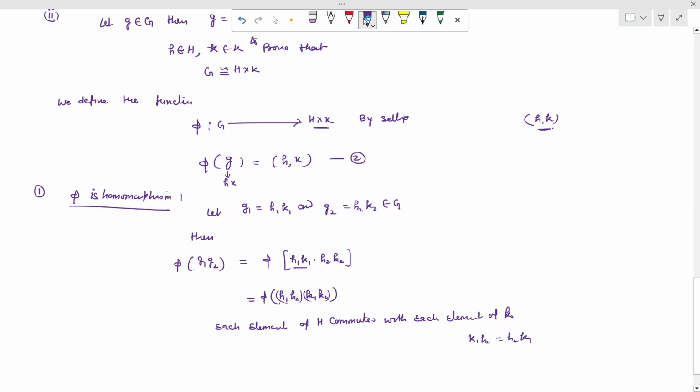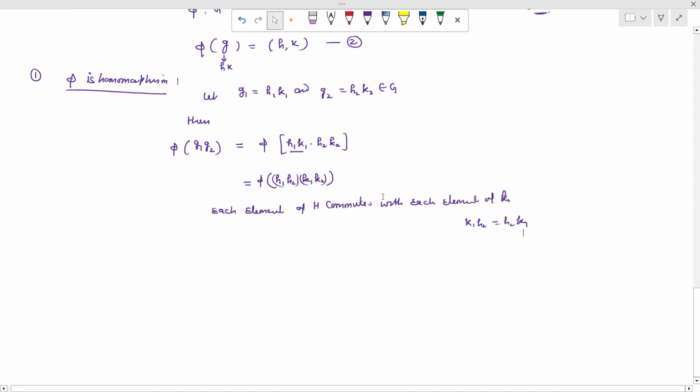So first we write it as an ordered pair: H1 H2, comma, K1 K2. So this we can write as H1 H2 into K1 K2.